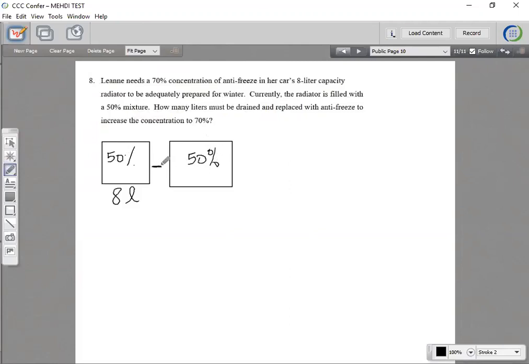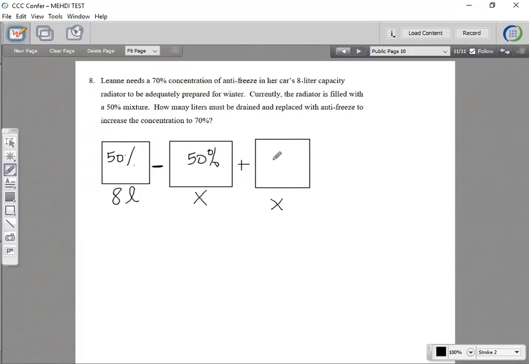So I'm going to put subtract, okay? We don't know how much we're going to take out, but we're going to call it X. I'm going to take out X liters of the 50%. And then in replace of that, I'm going to put the same amount of X here.